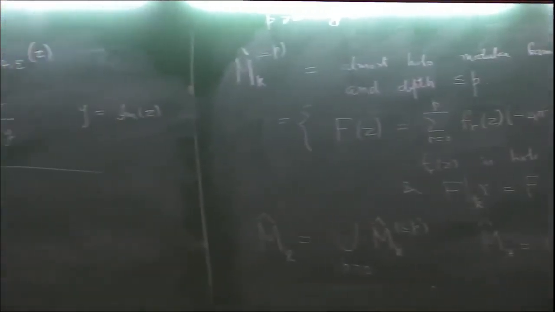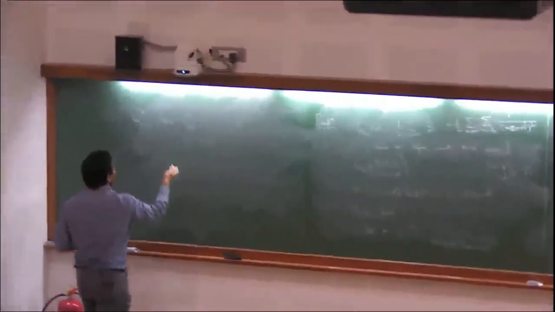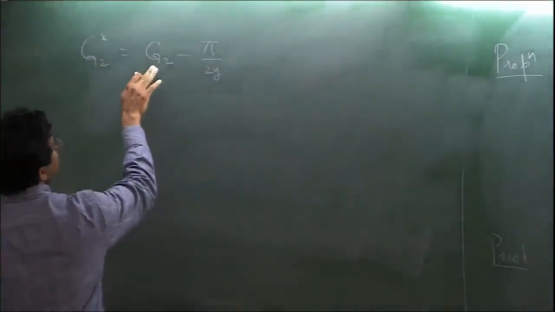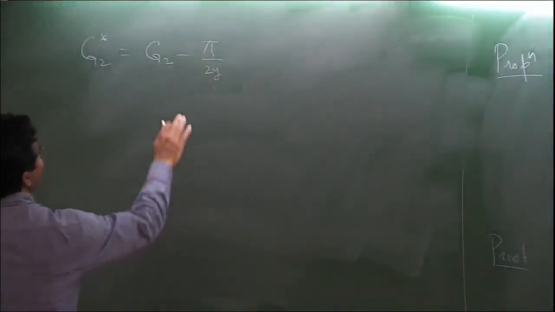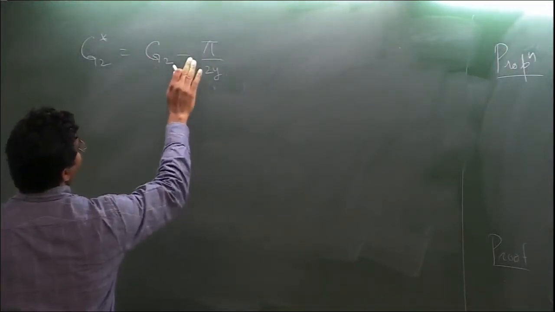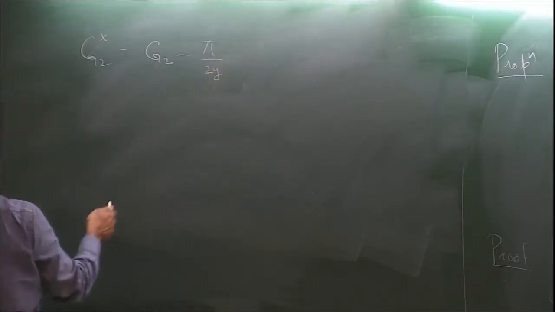So this is a degree 1 polynomial in y inverse with G2 as the constant term, and the appropriate coefficient on the degree 1 term.